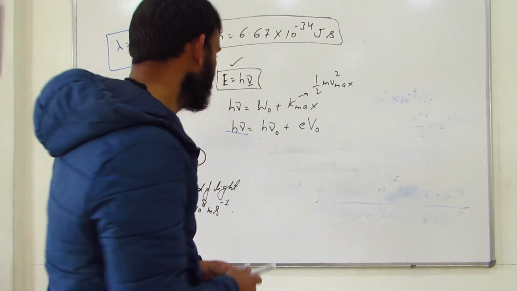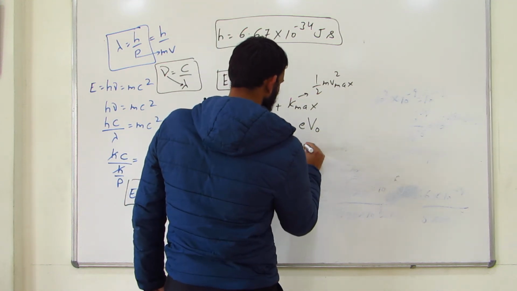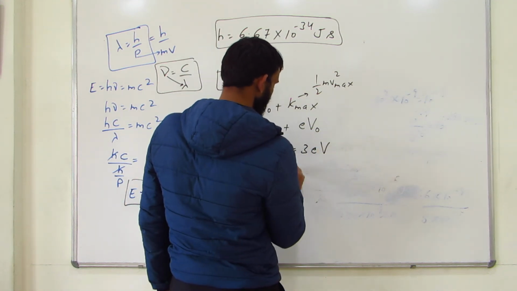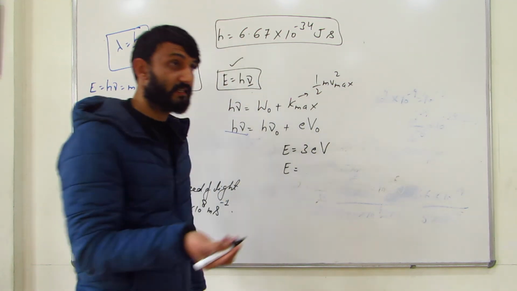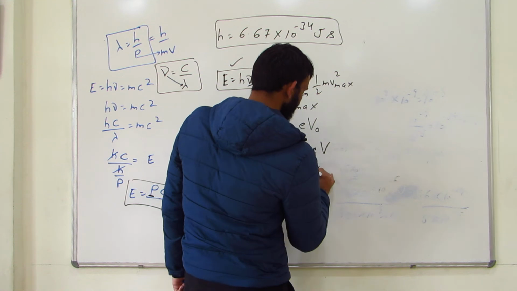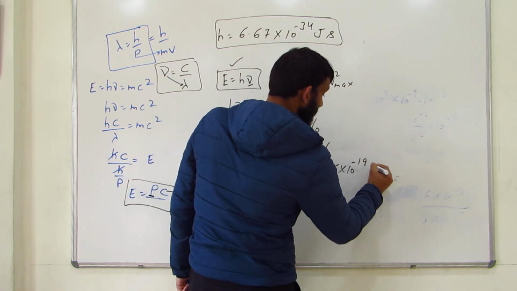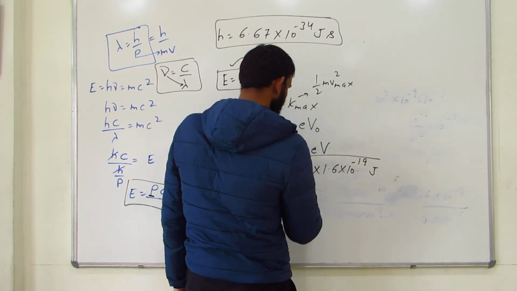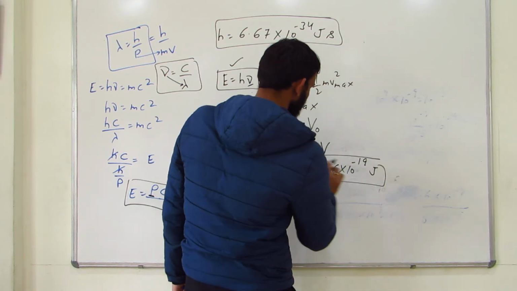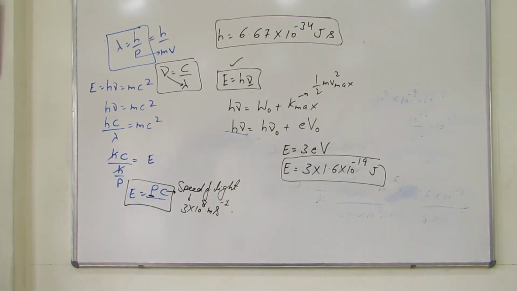So energy is given of a photon 3 eV, and in order to convert this into joule, what basically you will do, multiply it by 1.6 into 10 to the power minus 19 and it will become in joule. What is this? This is the charge. E means electron, charge of an electron, which is 1.6 into 10 to the power minus 19. Now this is converted into joule.